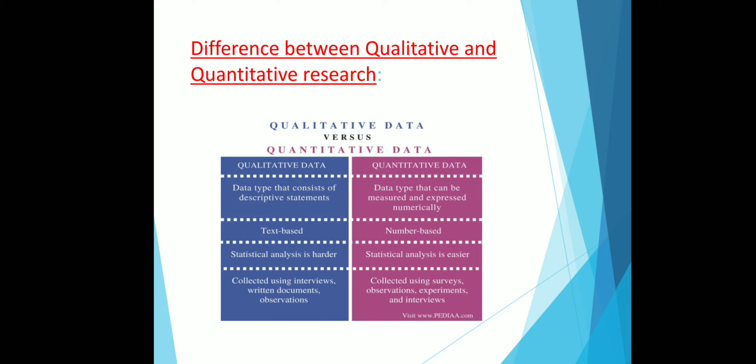The third is in qualitative research, statistical analysis is harder, but in quantitative research, statistical analysis is much easier. And the last is in qualitative research design, for collection of data we use interviewing, writing documents, observations, etc. But in quantitative research, for data collection, we go for survey, observation, experiments, and interviews.